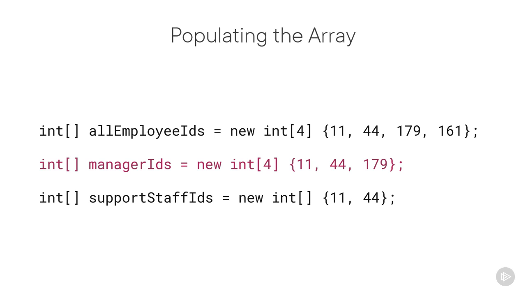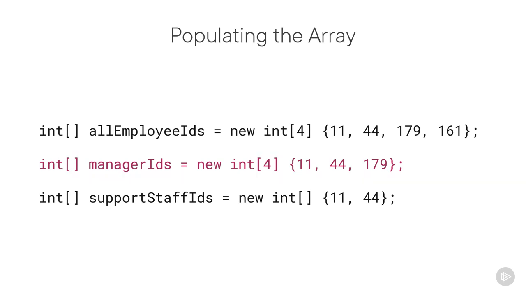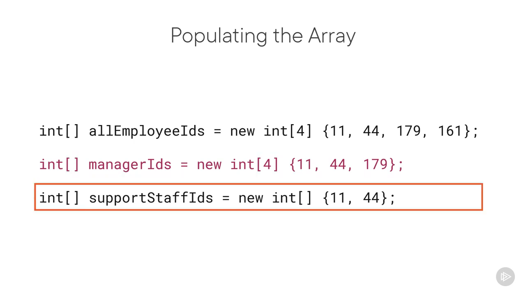The number of items that we pass in the initializer part, though, must be the same as what we are indicating as the length, so 4. For that reason, the second line here will cause a compiler error, since there we are still saying the array should have a length of 4, but we're only passing 3 values in the initializer. We can, however, omit the size value if we pass in an initializer, as you can see in the third line here.